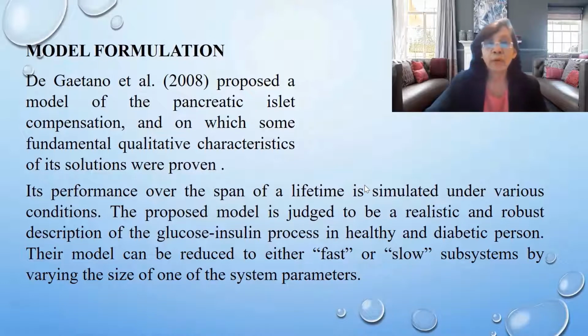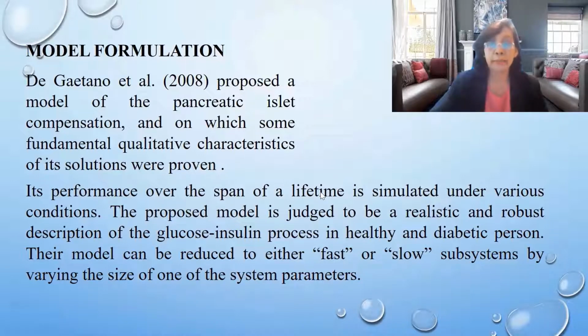Its performance over the span of a lifetime is simulated under various conditions. The proposed model is judged to be a realistic and robust description of the glucose-insulin process in healthy and diabetic persons. Their model can be reduced to either fast or slow subsystems by varying the size of one of the system parameters.